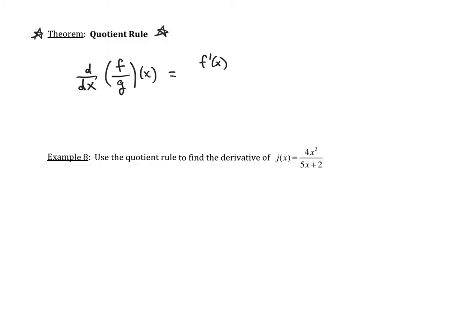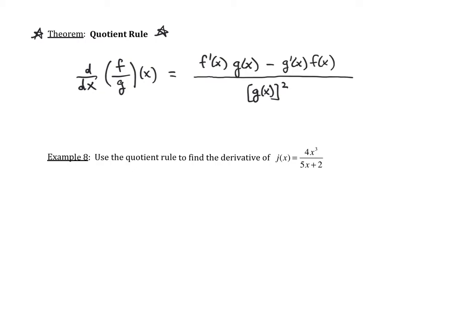We're going to multiply by the second function, g of x, and then we're going to subtract the derivative of the second function, g prime of x, times the first function, f of x. And this is all over the denominator, which is just the bottom function squared.